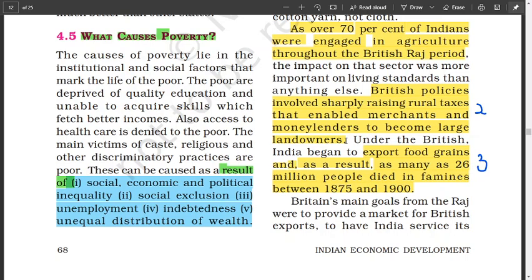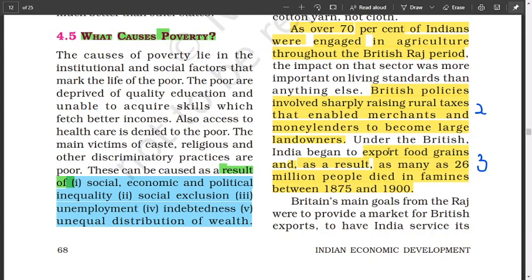So the number two point that we inherited from the British was the tax and the emergence of moneylenders and landowners.